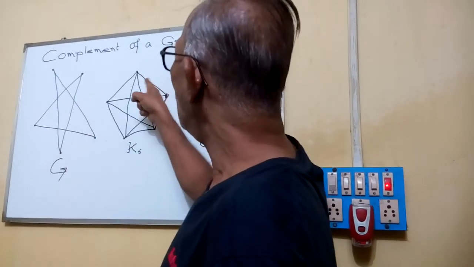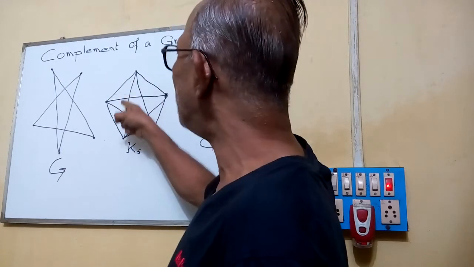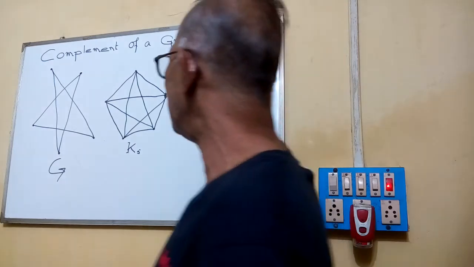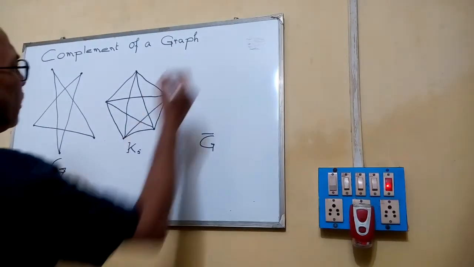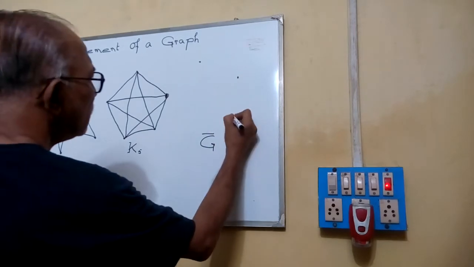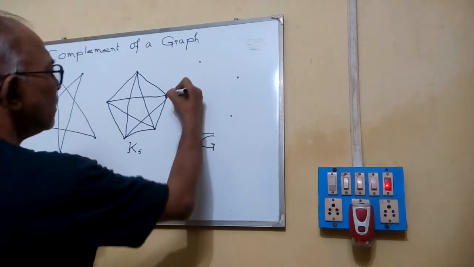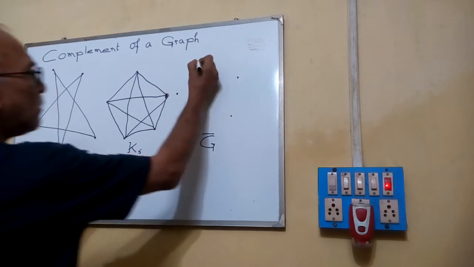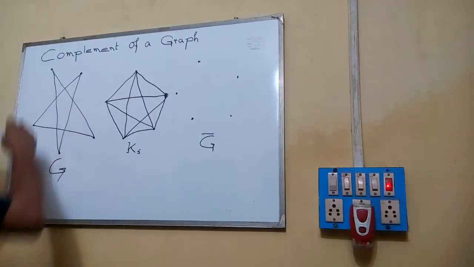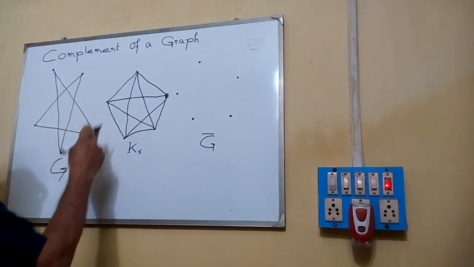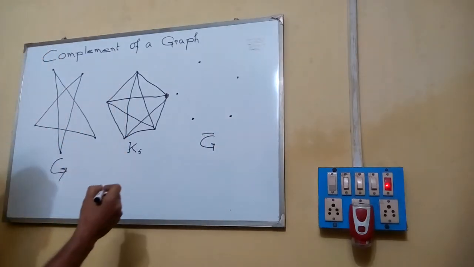There will be all the edges present in the complete graph, excluding the edges present in G. Let us try to draw it. First, draw the 5 vertices. This should be there in G complement. This is a primary condition, that all the vertices of G should be there in G complement. And none of these edges will be there.